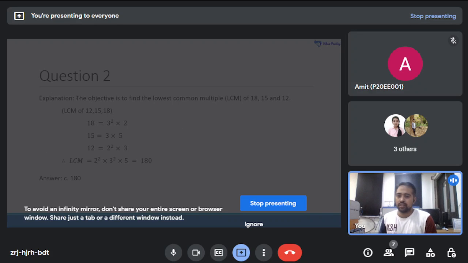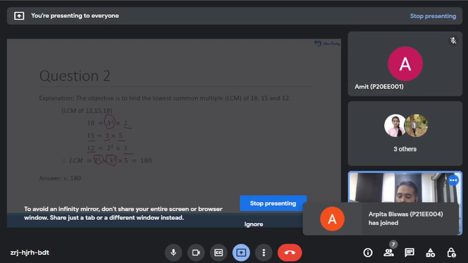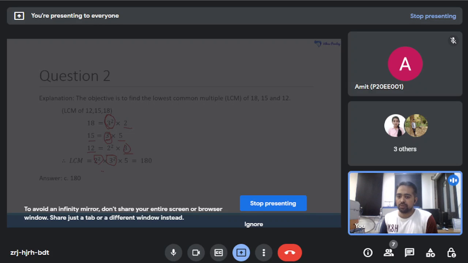So we factorize. 18 can be factorized as 3 square multiplied by 2, 50 as 2 multiplied by 5 square, whereas 12 can be factorized as 2 multiplied by 2 multiplied by 3.